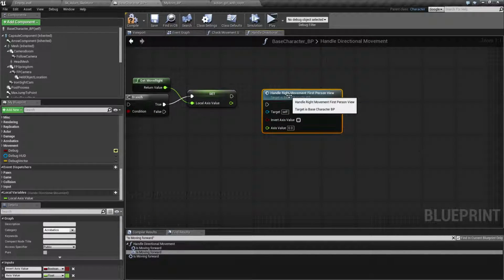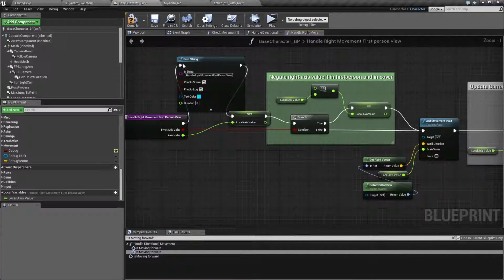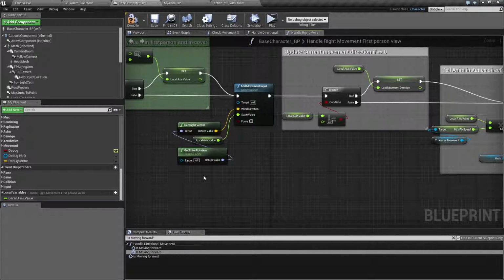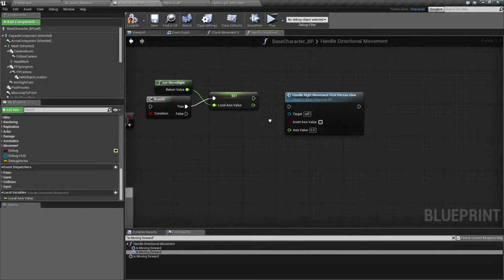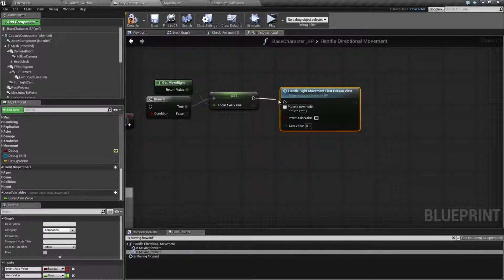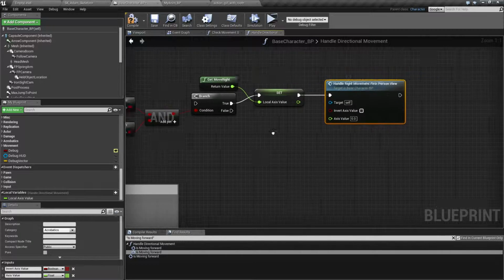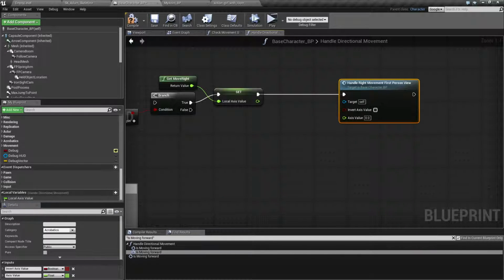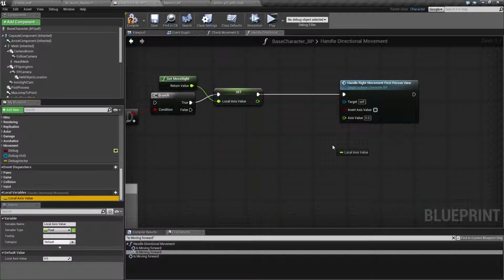And this one is, if you remember, the one I printed out with all this stuff here, which is gonna collect the movement and add that to the right movement in first person. So anyway, what we want to do in this situation here is to take that value and use... do I need this?